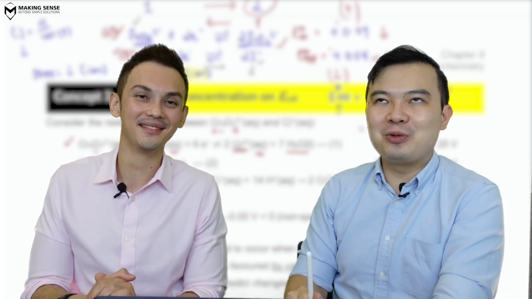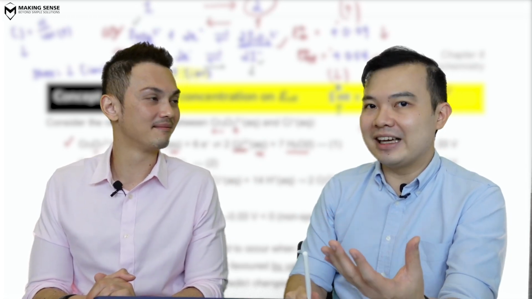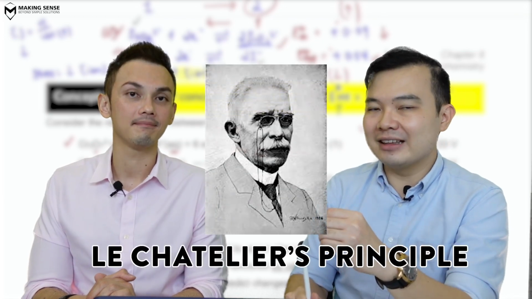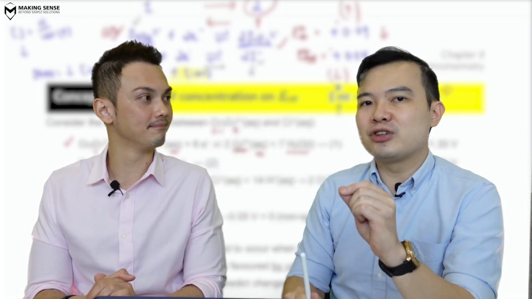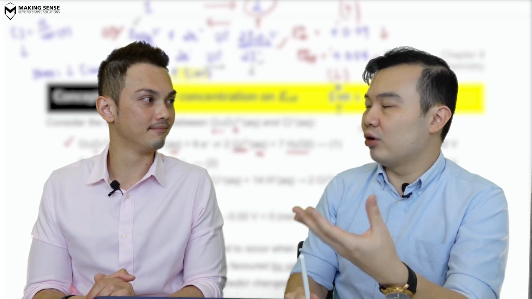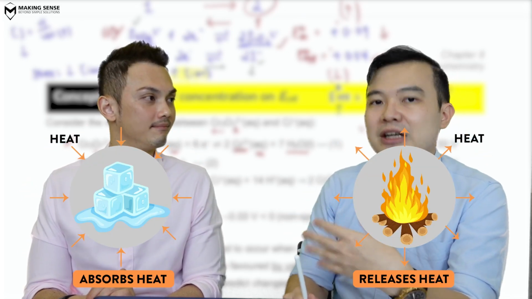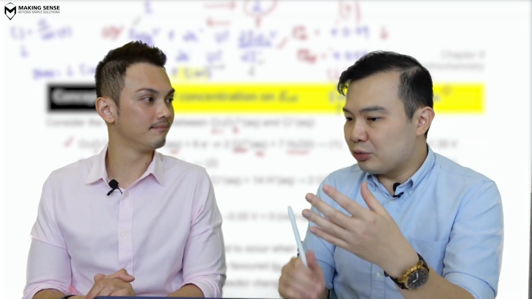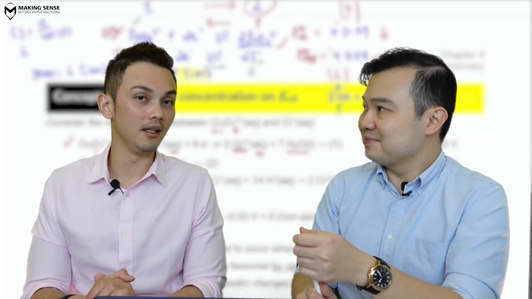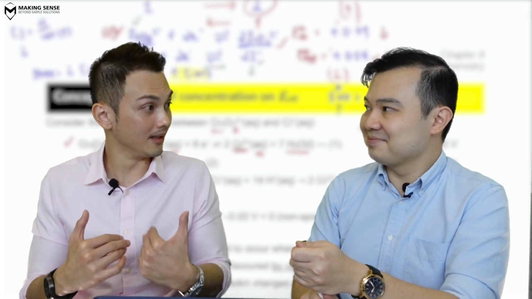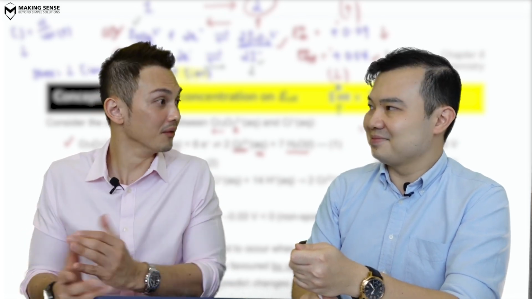So we're going to think of this as LCP again. That means everything from equilibrium will come in handy. When we talk about increase in temperature, we always have to see whether the overall reaction is endothermic or exothermic. If you increase the temperature, they will lower the temperature, which means they will favor the endothermic reaction.